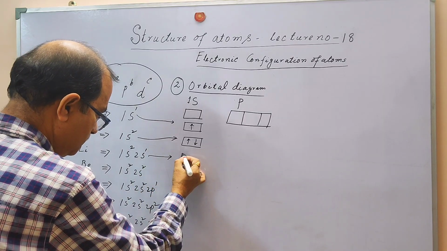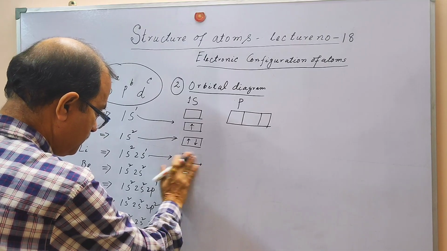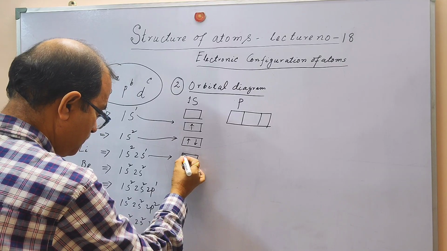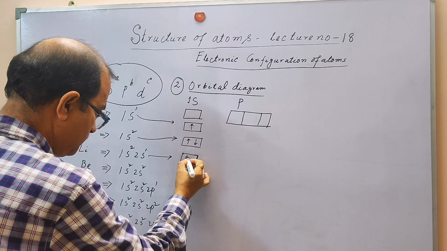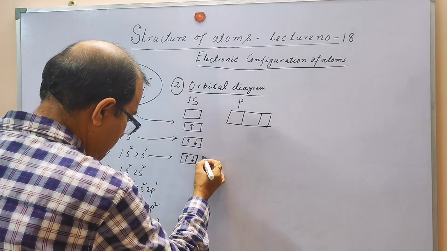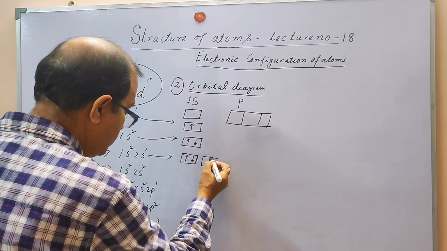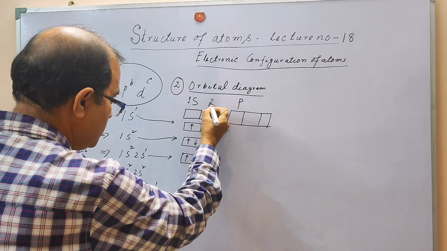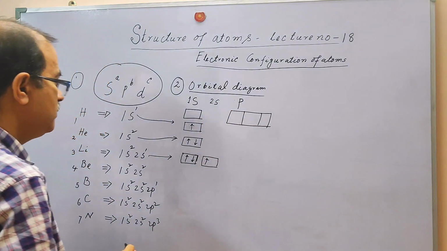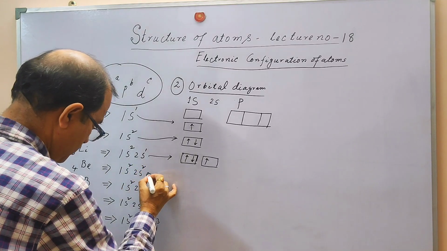In lithium, the 1s orbital is filled. Then you have to go to the next orbital, that is the 2s orbital. In the 2s orbital, the next electron will be put. So it has the 3 electrons arranged in this way.